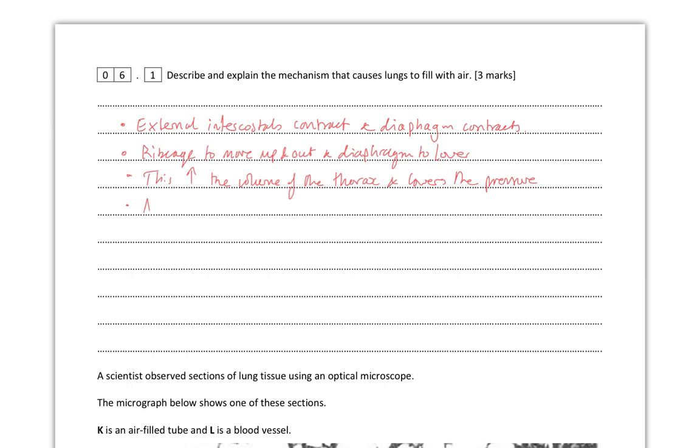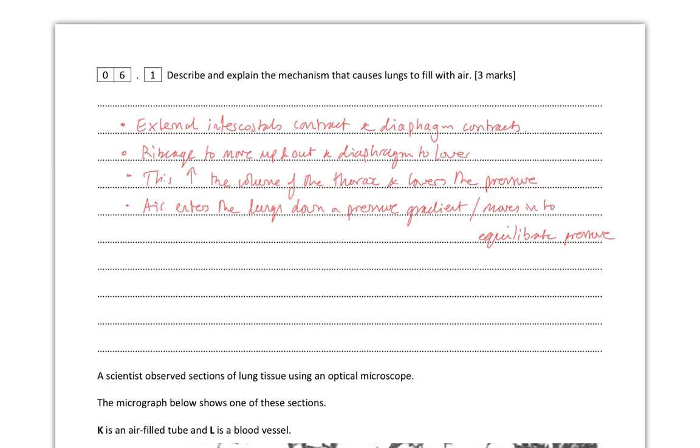So then air enters the lungs down a pressure gradient, moves in to equilibrate pressure. That's how we've done. Diaphragm muscle contracts and external intercostal muscles contract.